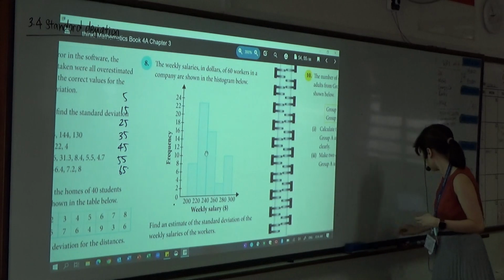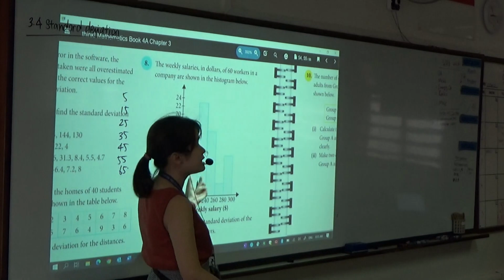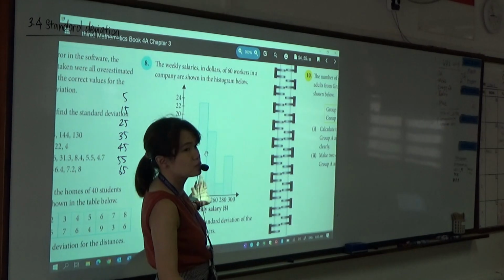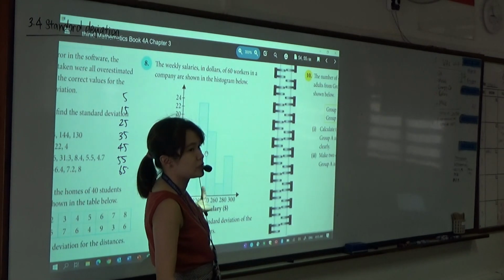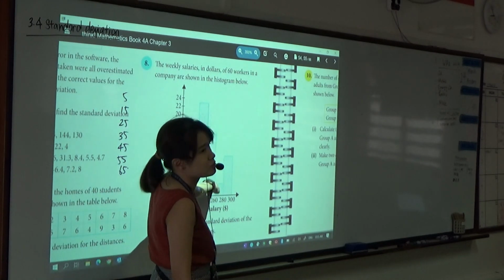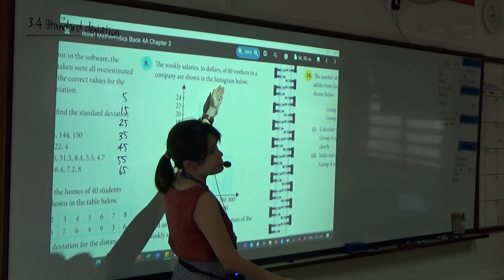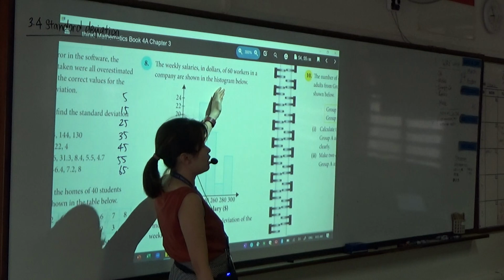To differentiate them, in a histogram the bars themselves are always together. There is no space in between, whereas for a bar graph, there is a space in between. But regardless, most of the time the question itself would have stated whether it's a histogram or a bar graph.